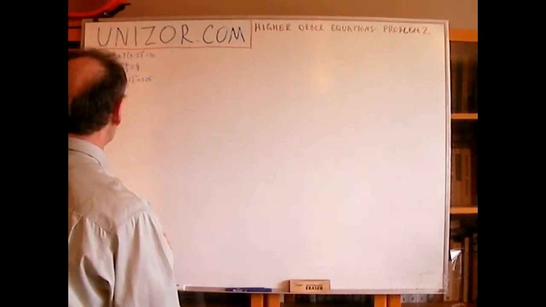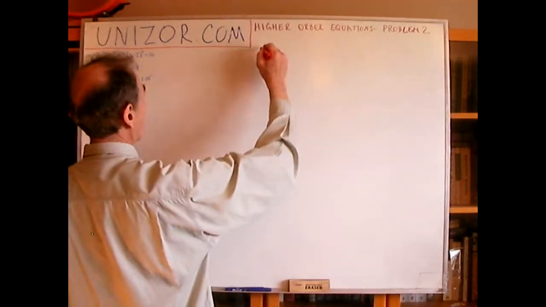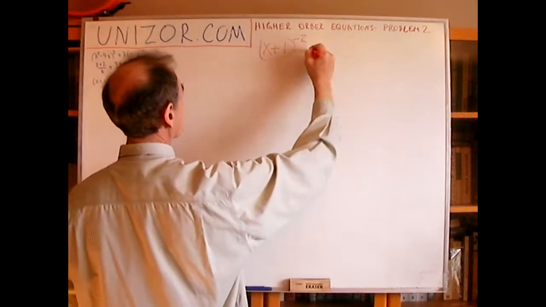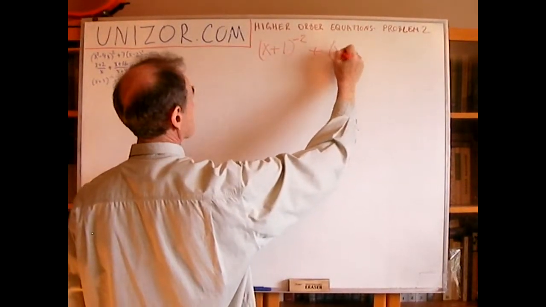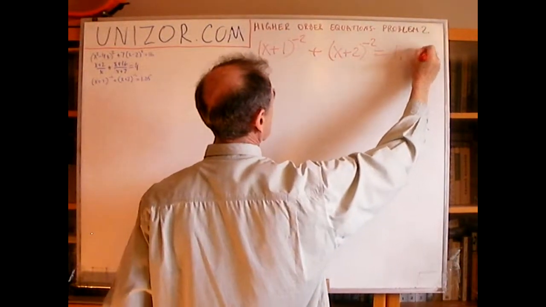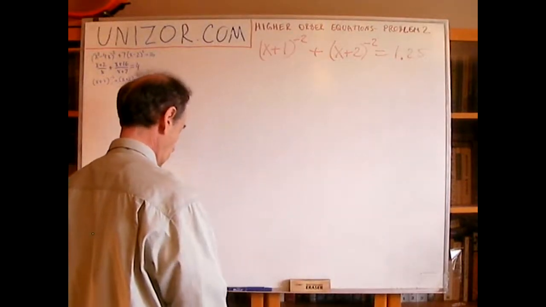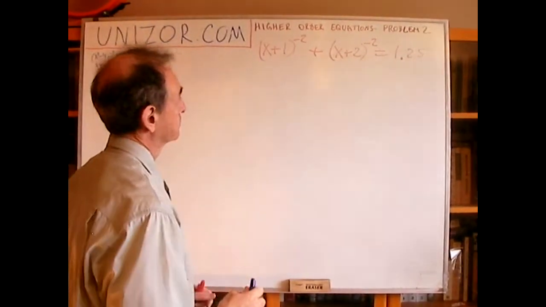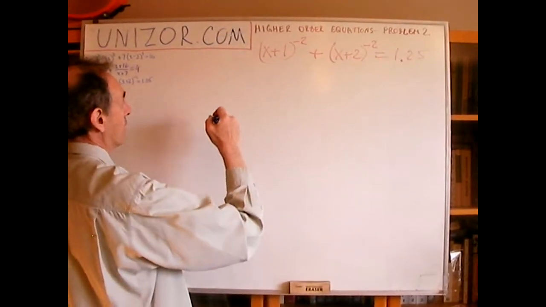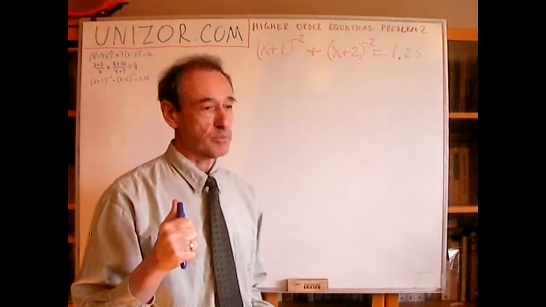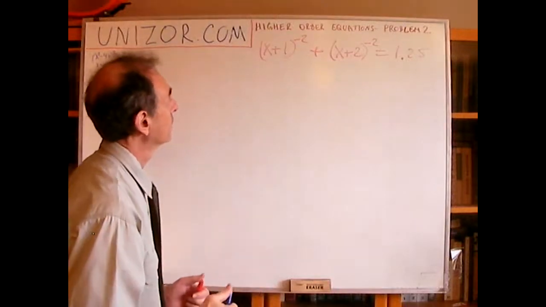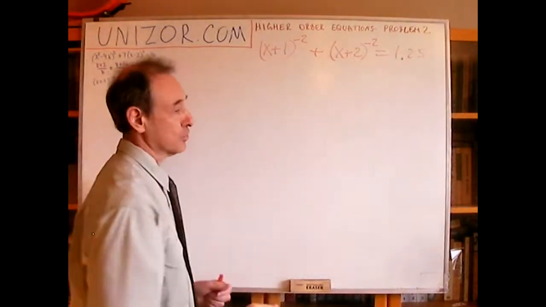Okay, the last one. x plus 1 to the minus second degree, x plus 2 to the minus second degree equals 1.25. Okay. Well, let me rewrite it in a little bit better format. And one more thing, which I can make my life a little bit easier. You see x plus 1 and x plus 2.